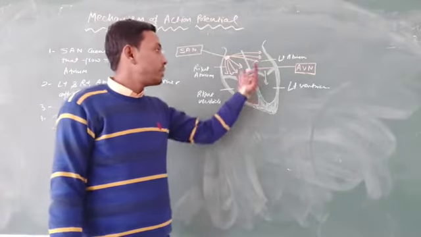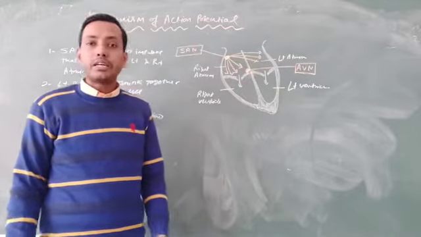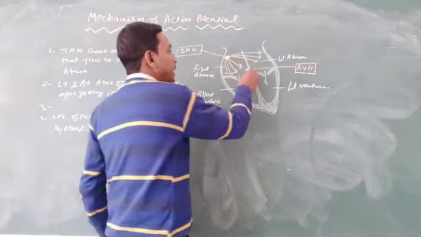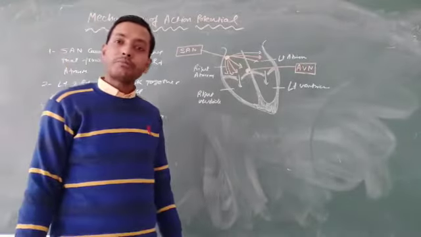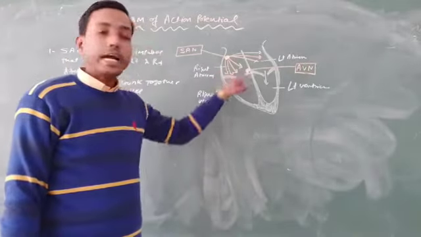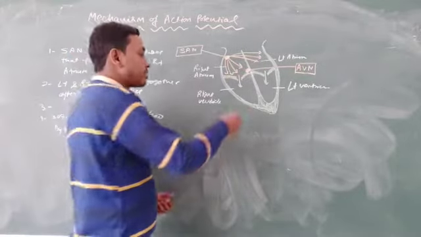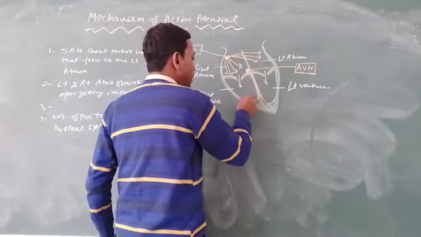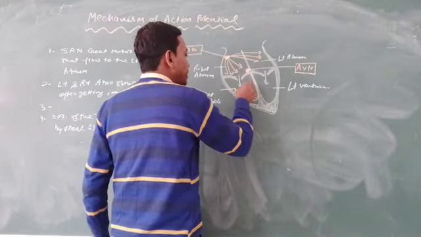What happens when the blood from the right and left atrium flows to the right and left ventricle? Listen carefully. This is the atrioventricular node. After getting impulses from the sinoatrial node, the atrioventricular node gets further excited and sends its message to the left and right ventricle.